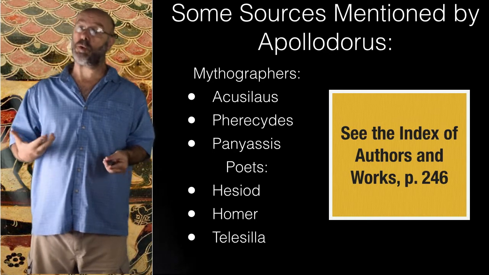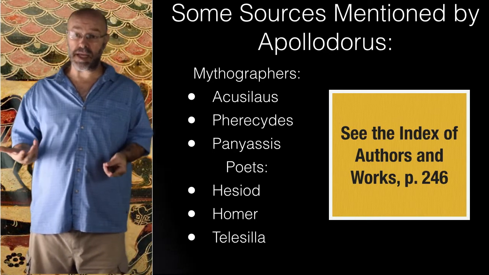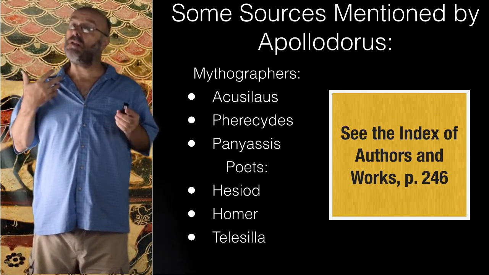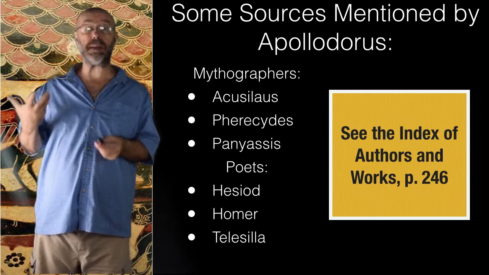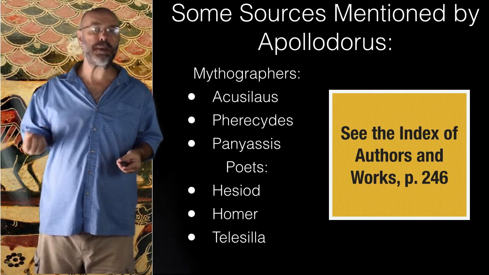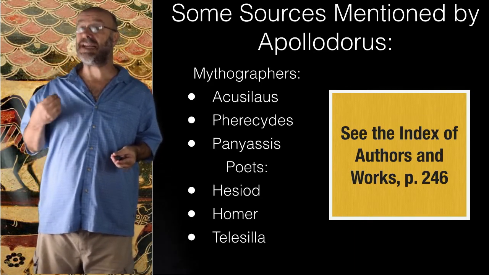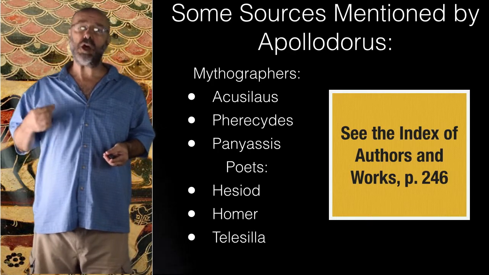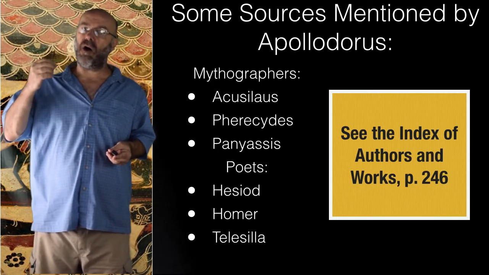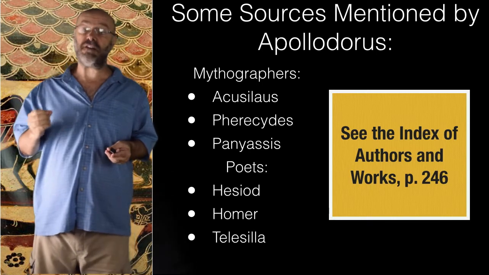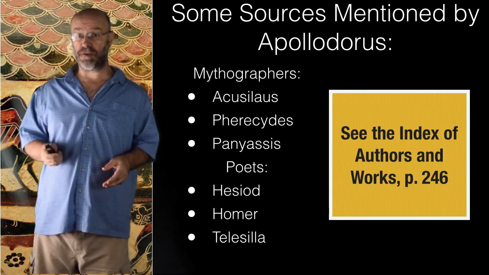But we also know that Apollodorus and his ilk considered the poetic works of people like Hesiod and Homer, and more obscure poets like the female poet Telesilla of Argos, to contain authoritative and useful mythographic information.